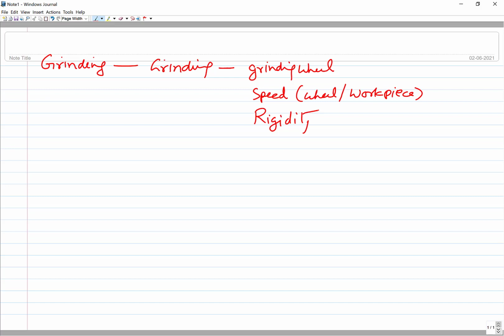The system must be robust. This is one reason, because grinding is a finishing kind of process. Another reason is the wheel, which has a heavy mass, is rotated at a very high speed, like say 2000, 3000, 4000, even 6000 rpm.